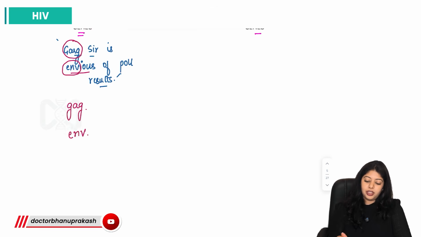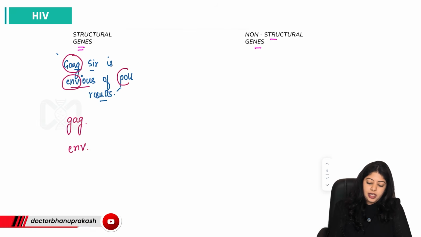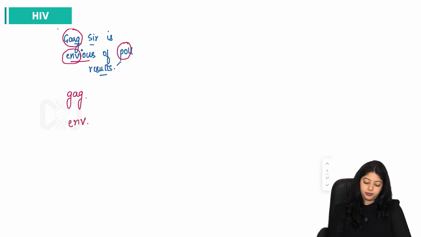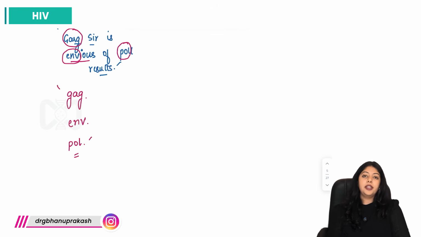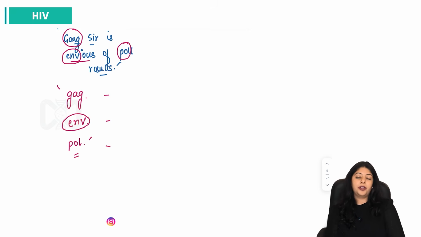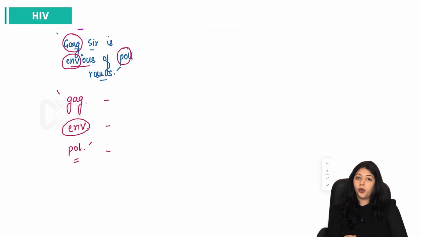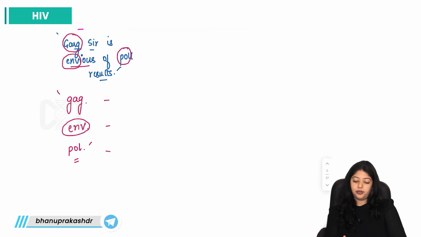And the third structural gene is POL. So these are the three structural genes: GAG, ENV and POL. ENV codes for envelope glycoproteins, which we have already discussed, and the other functions will be discussed later on.